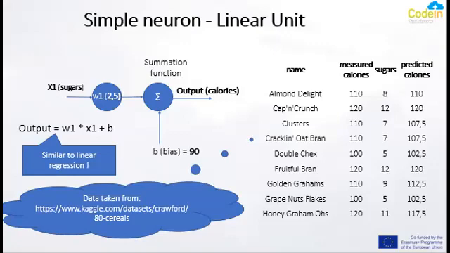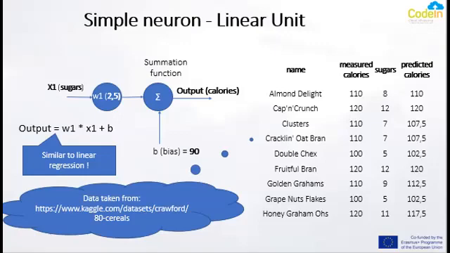So, if we come across a cereal with 5 grams of sugar per serving, we can estimate its calorie content using one formula. Calories equals 2.5 multiplied by 5 plus 90 equals 102.5, just as we expect.